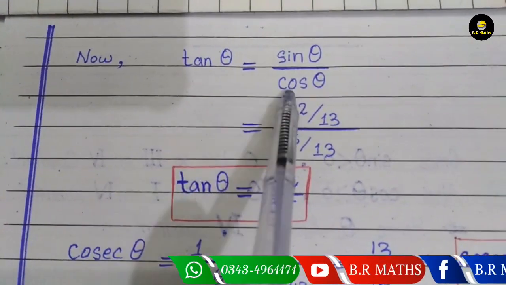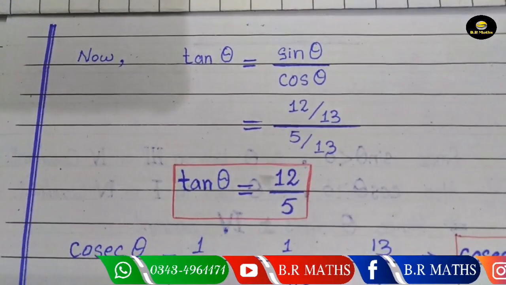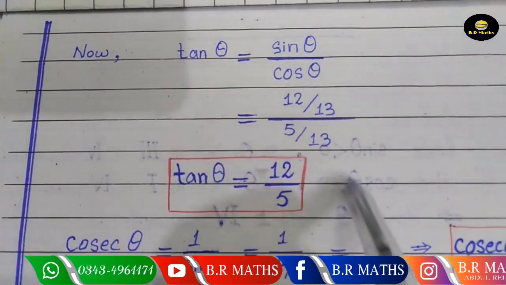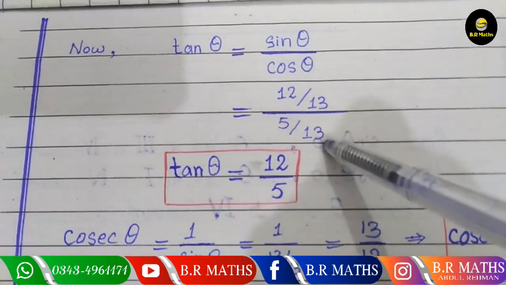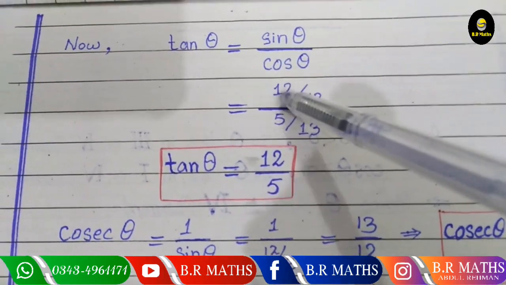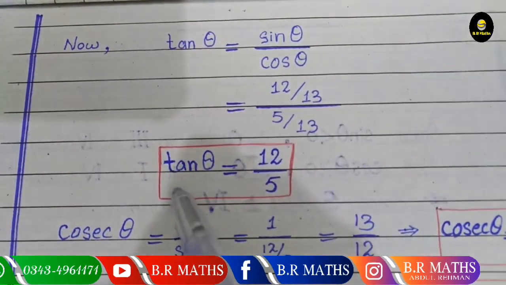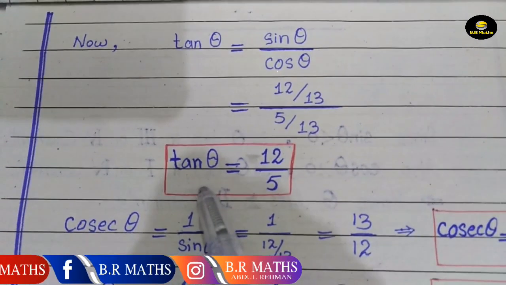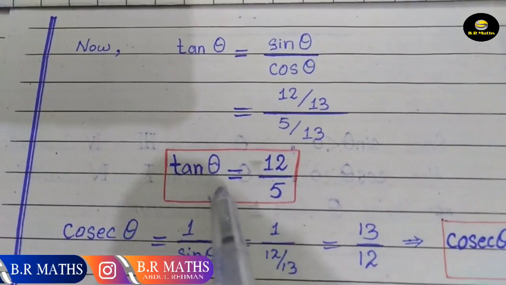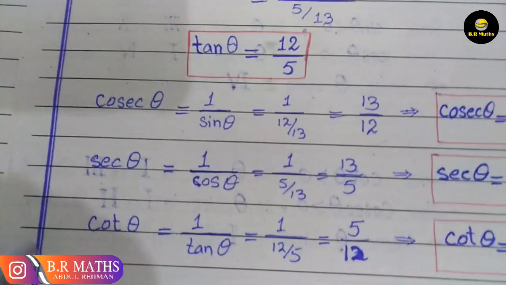Put the values, sine theta is 12 over 13 and cos theta is 5 over 13. The 13s cancel with each other because both are denominators, and 12 over 5 is the answer of tan theta. Okay students, it means all 3 main trigonometric ratios are found.